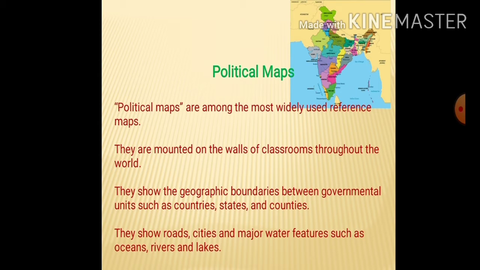The second important type of maps is political map. Political maps are among the most widely used reference maps. They are mounted on the walls of classrooms throughout the world. They show the geographic boundaries between governmental units such as countries, states, and counties. They show roads, cities, and major water features such as oceans, rivers, and lakes.